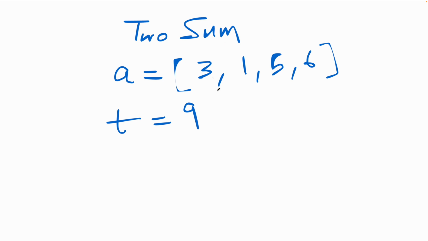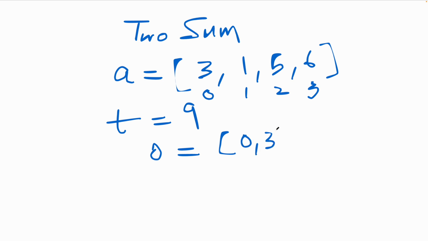Instead, we are supposed to return the positions of those numbers. So this is index 0, this is 1, this is 2, and this is 3. So the output, let's say it's O, will be an array of 2 index positions, which will be 0 and 3.